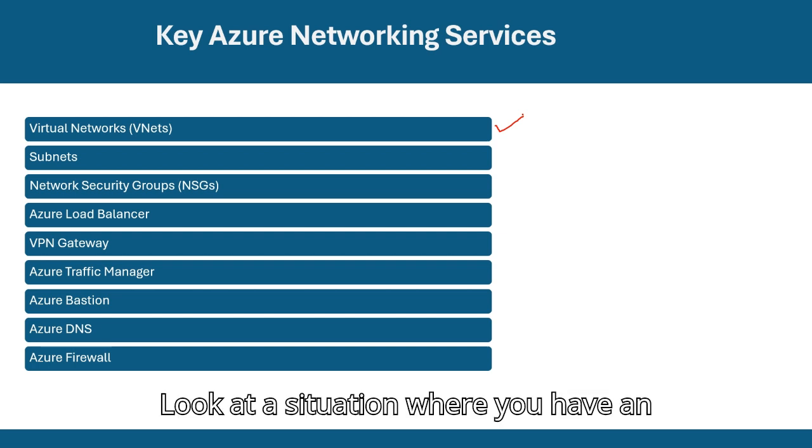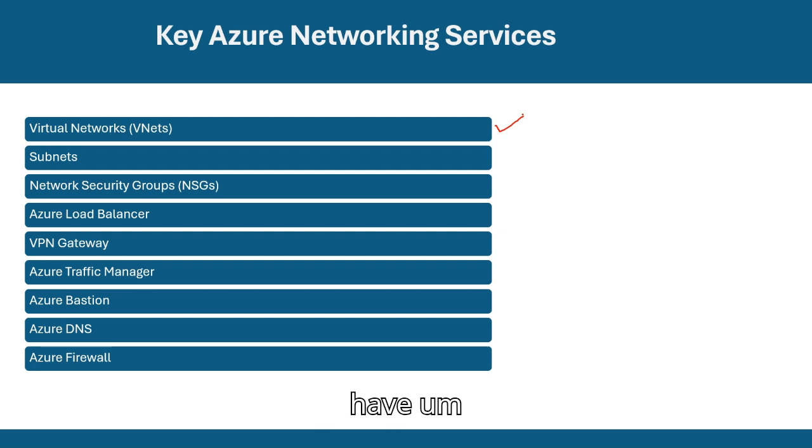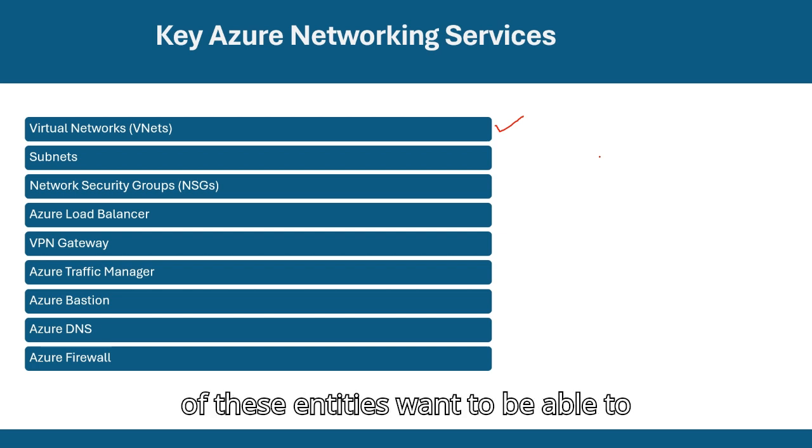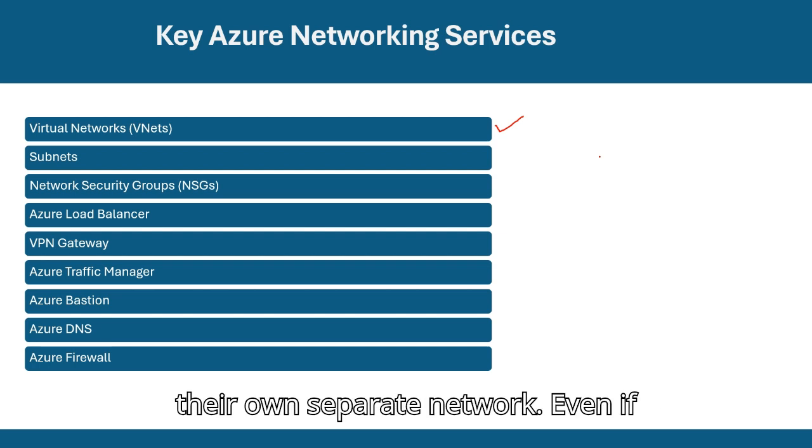Look at a situation where you have an organization, a large organization that has multiple entities, and each of these entities wants to be able to send traffic across the network or have their own separate network.